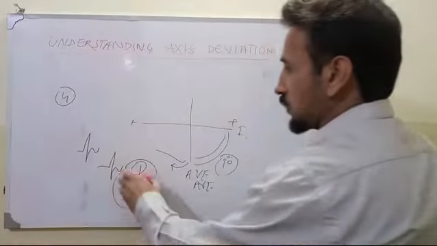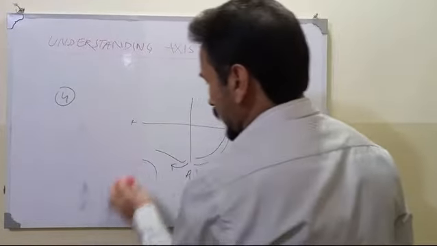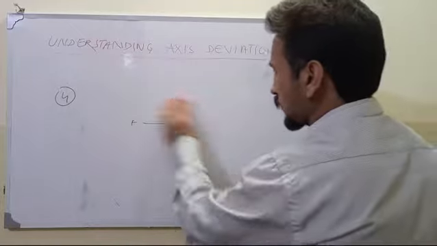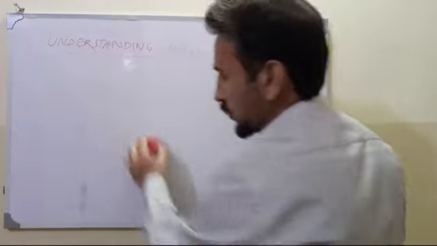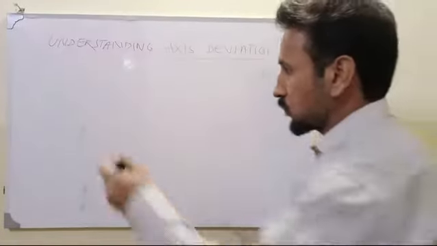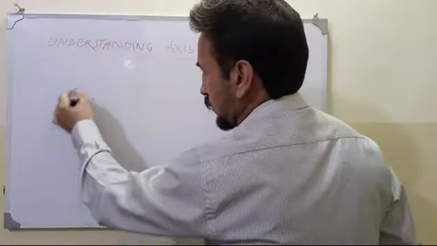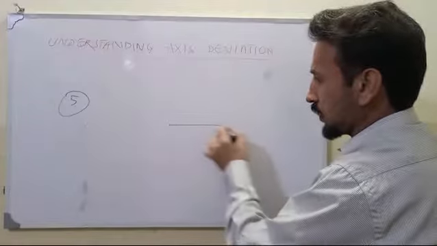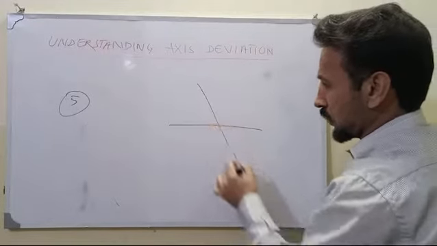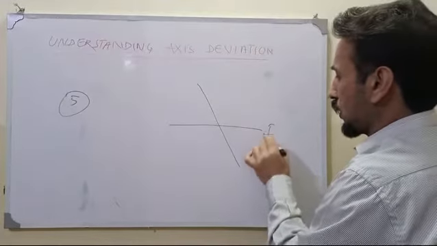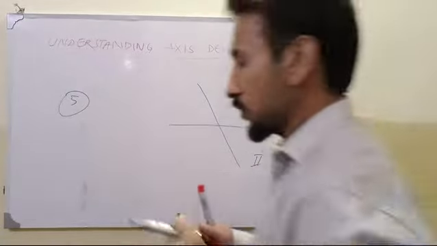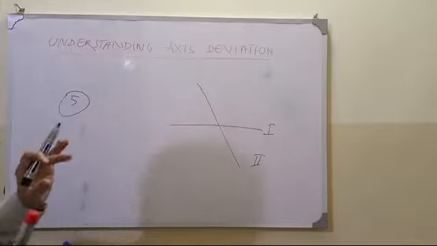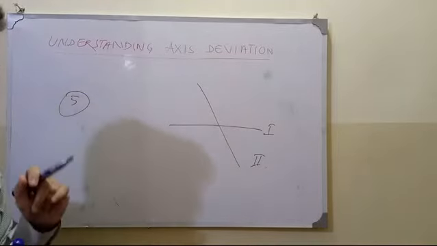And the last method uses basically lead 2. And it's very simple again. This is lead 1 and this is lead 2. Now again, just like method 4, we will take the QRS complexes in lead 2.